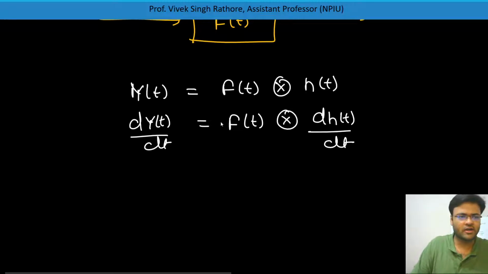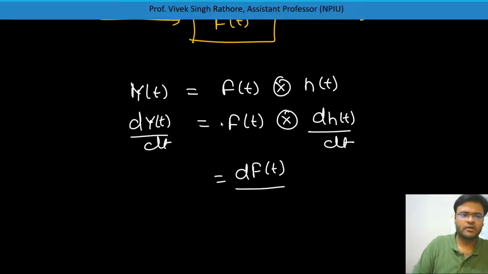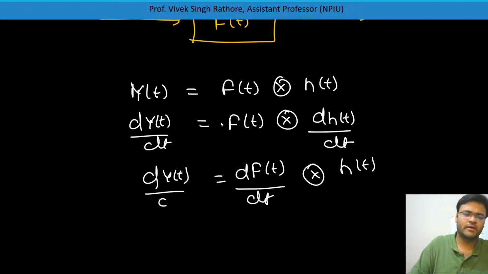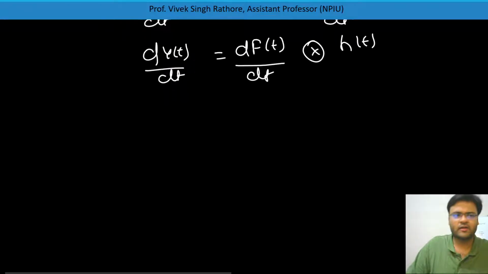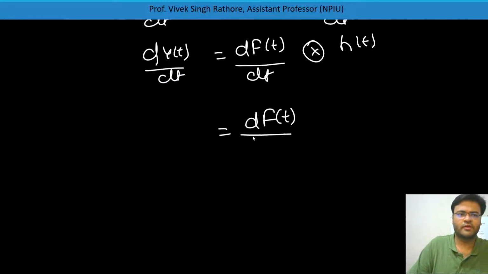This we have seen earlier. Now we can do it like this also, df of t by dt convolution with h of t, then also you will get dy of t by dt. So you can do either of that, or you can do it like this also, df of t by dt convolution with dh of t by dt.